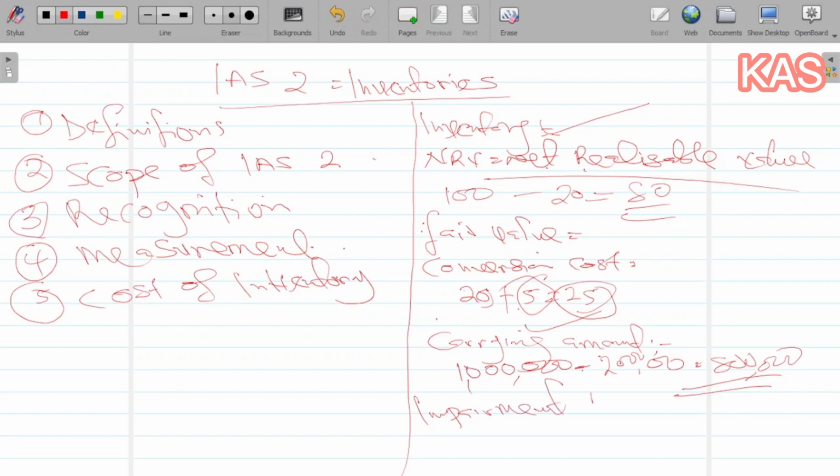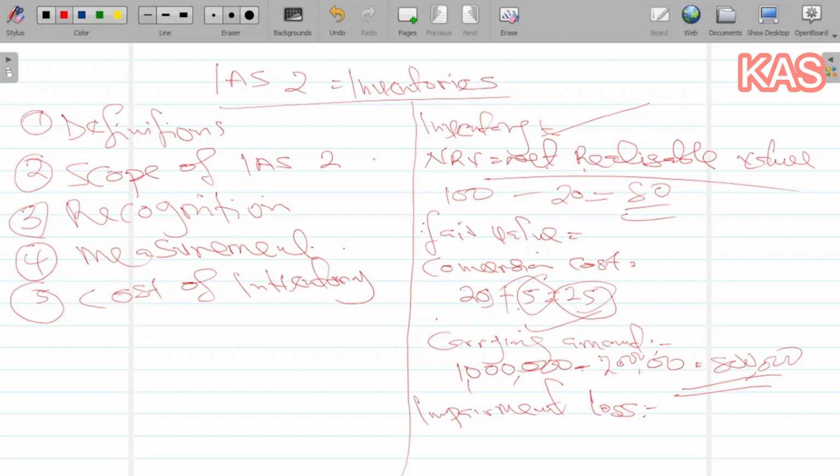Impairment loss. So what is impairment loss? This is the amount by which the carrying amount of an asset exceeds its recoverable amount. So how does this work? Now let's assume that you have a carrying amount.